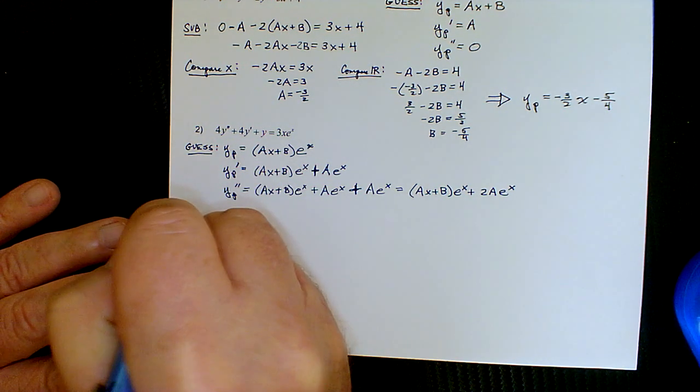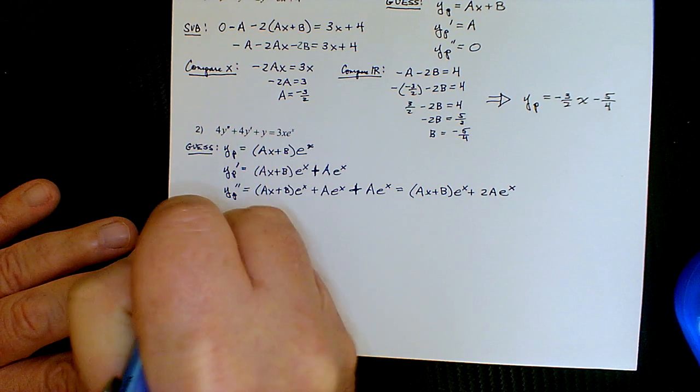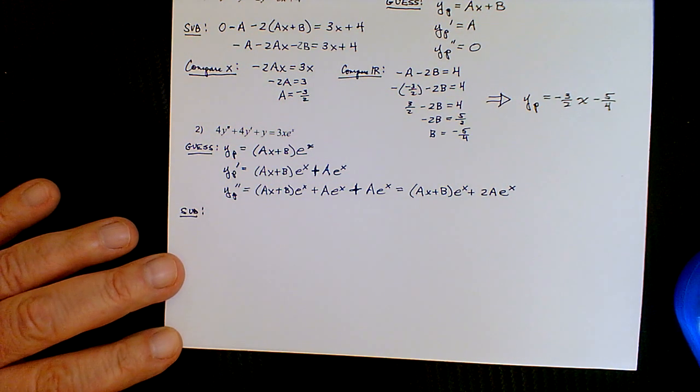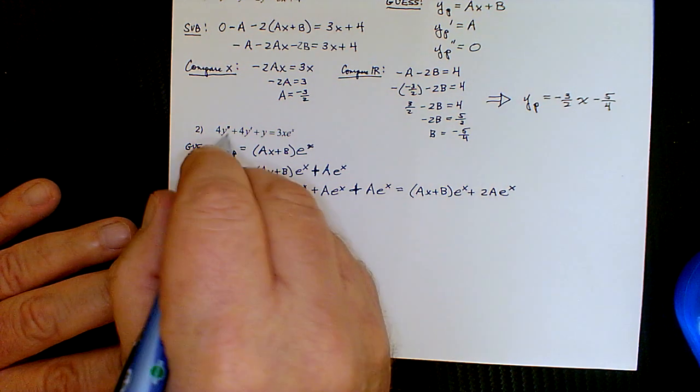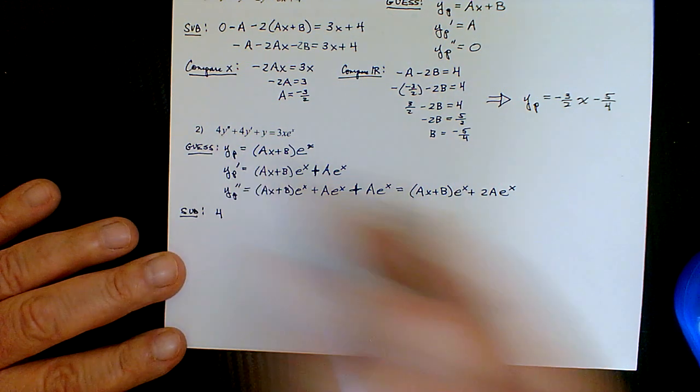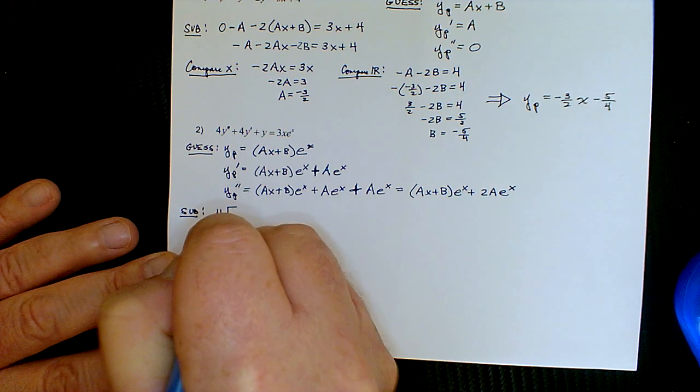Okay, and then we're going to substitute. Going back to the differential equation here, 4 times y double prime. Okay, I'll use some brackets.